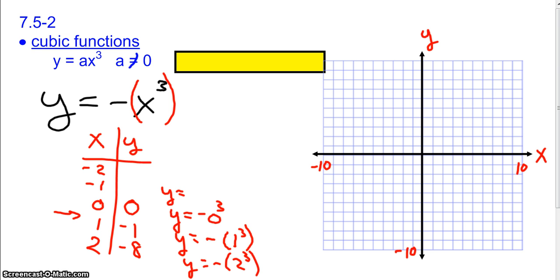Y equals negative parentheses -1 to the third. Good. Just the -1 is happening to the third. So what is -1 to the third? -1 times -1 times -1 is -1. And now we take the opposite, which is +1. So this is not exactly like plugging in 1, is it?